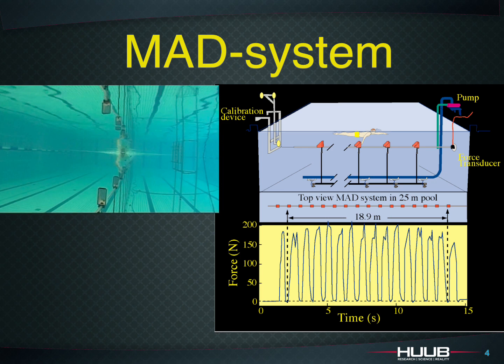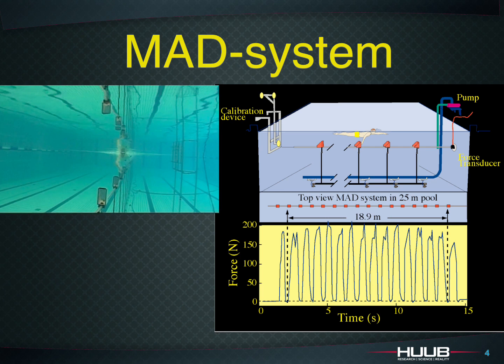On the right part of the slide, you see an exploded diagram of the system: a picture of a swimmer pushing off from a pad, a top view of the MAD system in a 25-meter pool, and below that the forces recorded while swimming along these 16 pads.